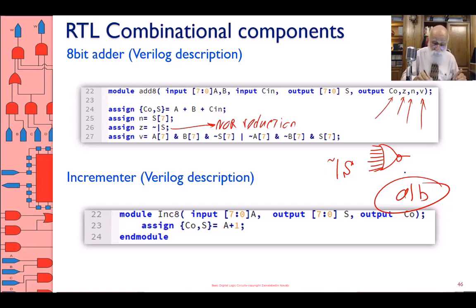And therefore, this is the NOR reduction of S, which makes the Z flag. Let me highlight this. This is NOR reduction.